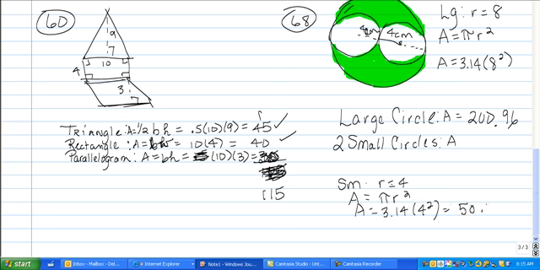And we have 2 of them, so I need to double that. Times 2 is 100.48. So I need to take the area of the 2 small circles and subtract that from the area of the large circle. So I'm going to get 100.48.